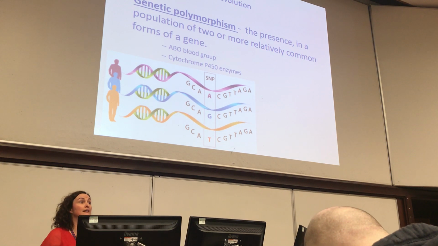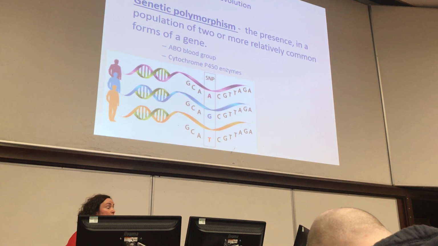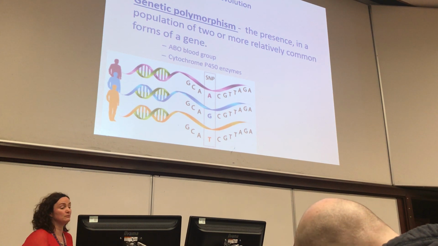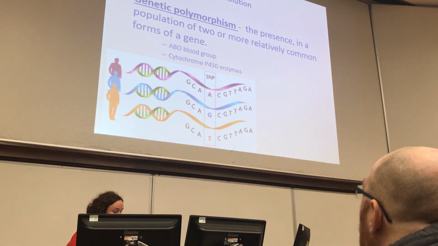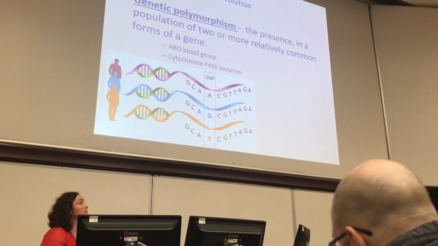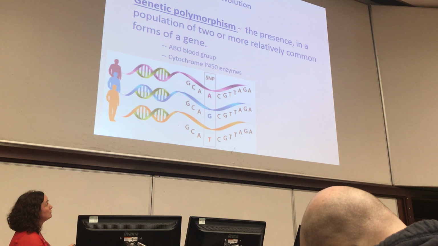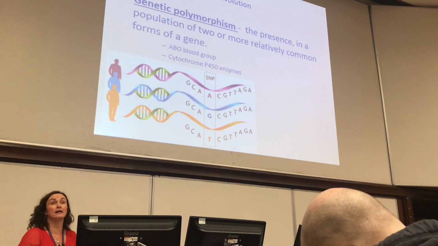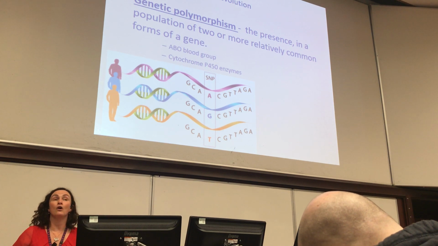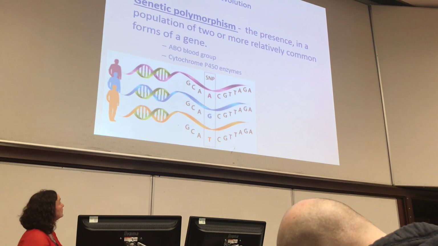So genes can exist without any sort of detrimental impact in different forms. Okay? So that's what polymorphism means, many forms. And they are alternative forms of a gene. And the most common one is when you have an alteration in just a single nucleotide, and these are called single nucleotide polymorphisms, or SNPs for short.